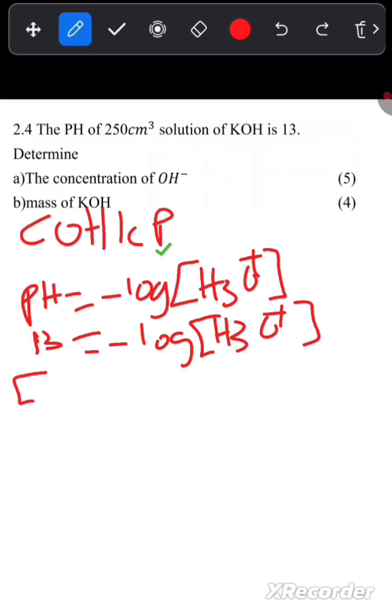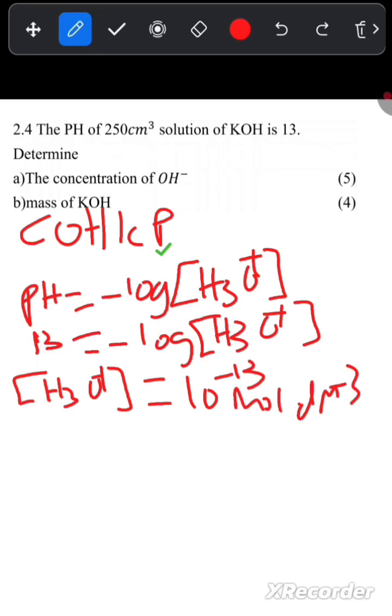So you say 10 to the power negative pH. So what do you get? So mole per cubic decimeter. So that's the pH that we get. Sorry. The pH that we have is 13. Then this is the concentration that we get. Then use that concentration as the concentration of hydronium ions. We want the concentration of hydroxide ions.